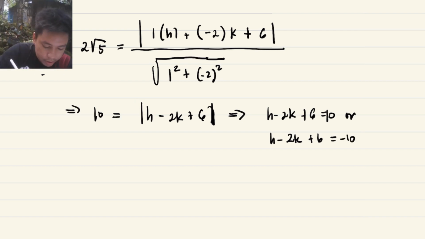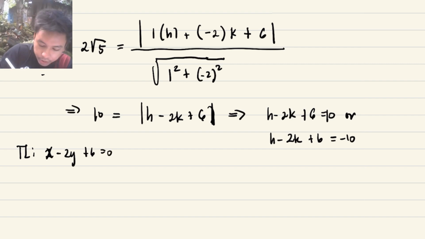So remember that the tangent line is x minus 2y plus 6 equals 0. So this becomes y equals 1/2 x plus 3. The slope of the tangent line is 1/2.